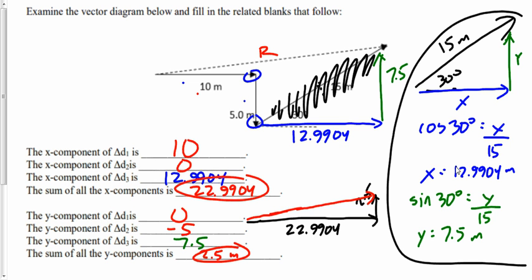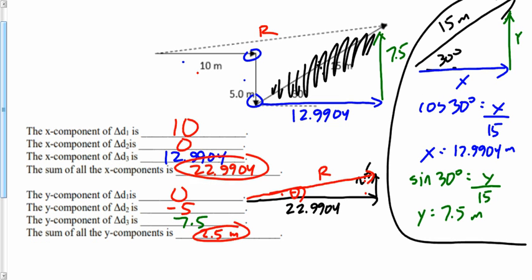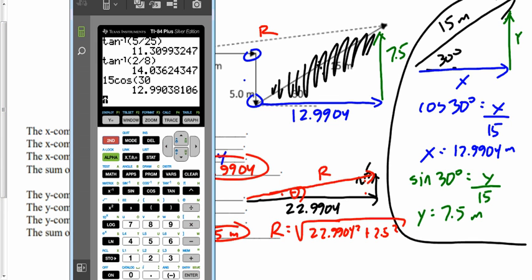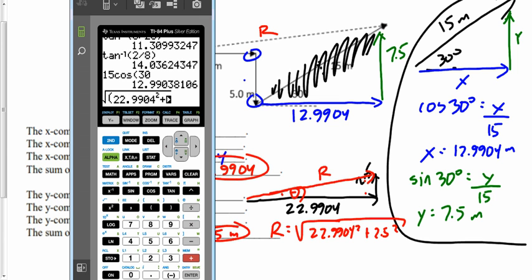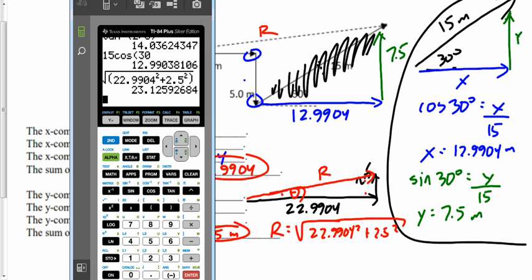Label it R. Where am I going to label theta? Position 1, 2, or 3? Position 1, yeah. Hey, we can do this now, right? Using Pythagorean Theorem and tan or sine law or whatever it is that you like to do. We got the square root of 22.9904 squared plus 2.5 squared. 23.1.